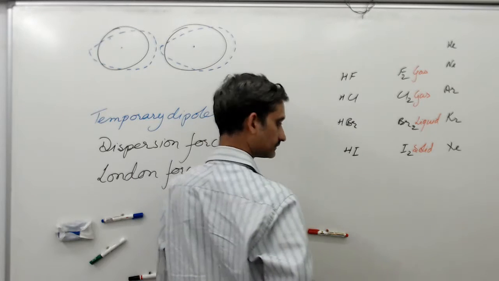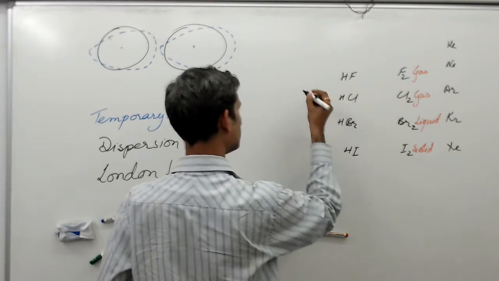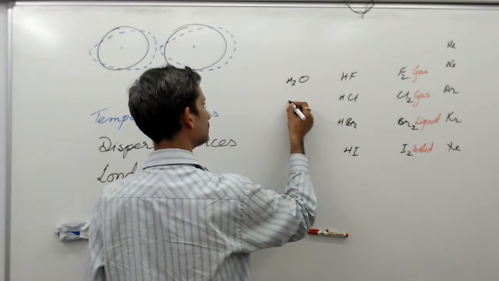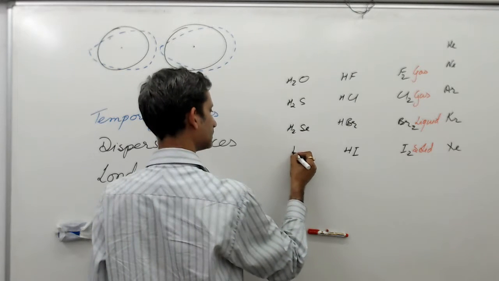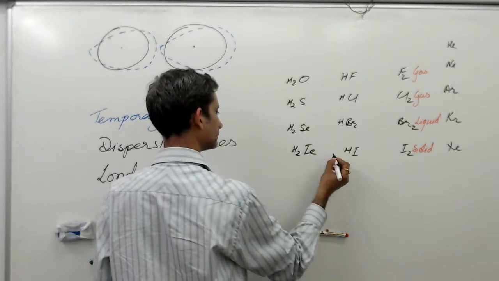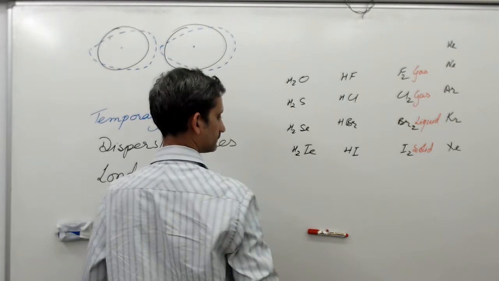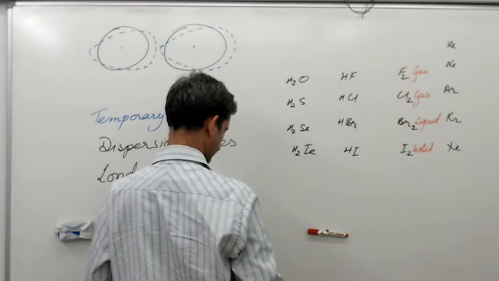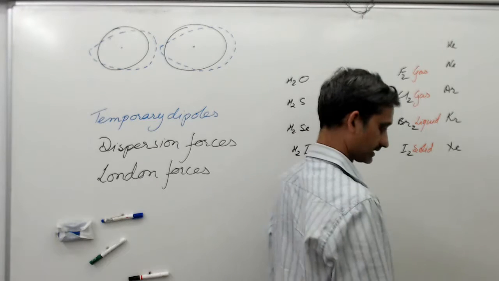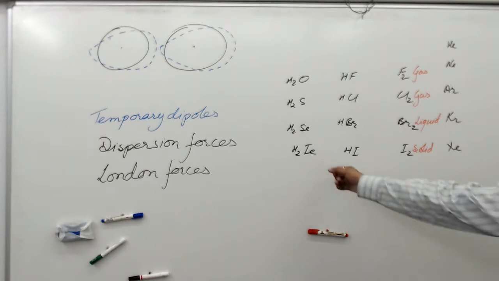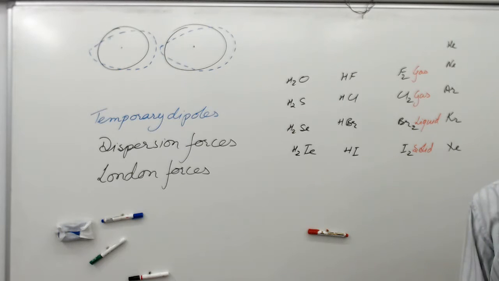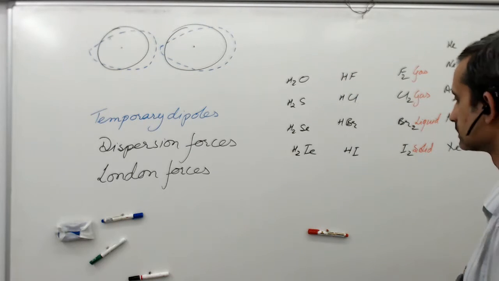Now what could you say about H2O, H2S, H2Se, H2Te? The highest should be H2O. Yes, it is. And the next is H2Te. Clear? First is the hydrogen bond, then we have the surface area.